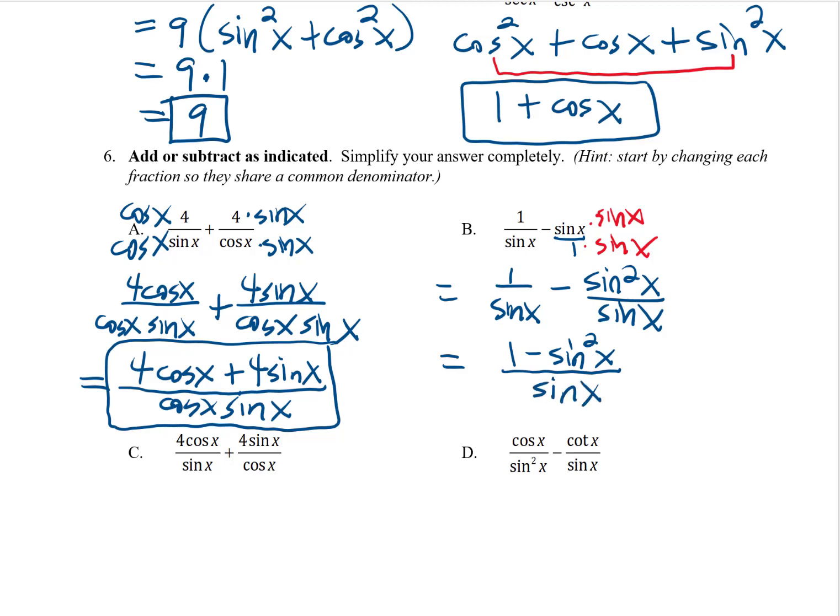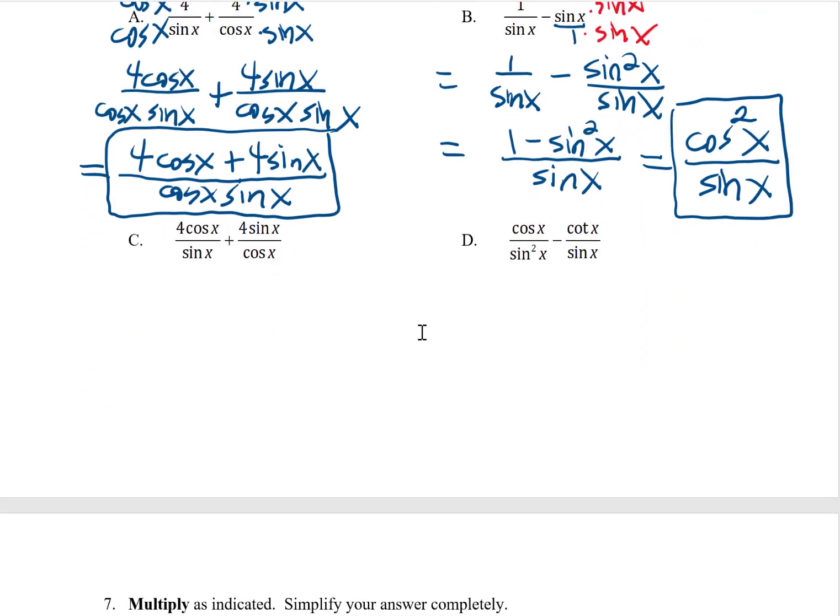Can I do anything with this? I can, because 1 minus sine squared x, that's one of those rewrites from the Pythagorean identity. 1 minus sine squared x is cosine squared x. And so I can write that just a little bit shorter. Final answer then would be cosine squared x over sine x.